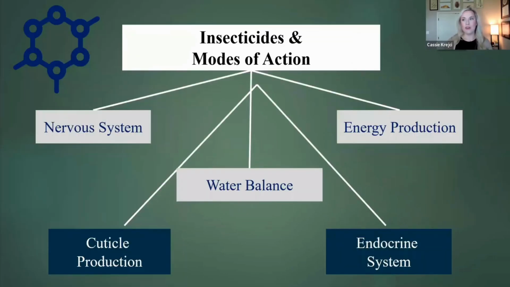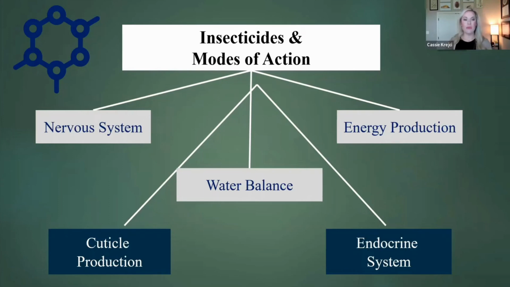So this is an old graphic from my friend Tommy Powell at MGK, and I like to use it because it just lays out the map of modes of action very simply. There's more than one way to cook a duck. There's more than one way to kill an insect, and modes of action are how we kill that insect.